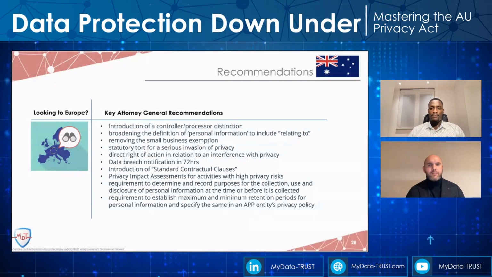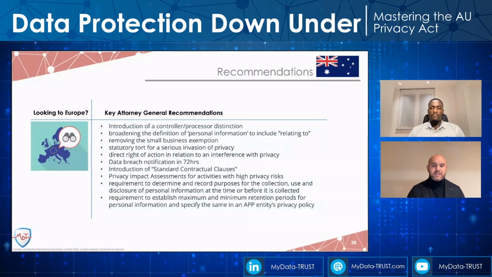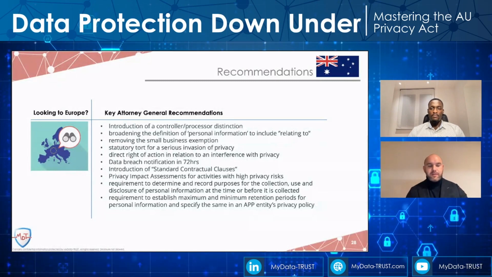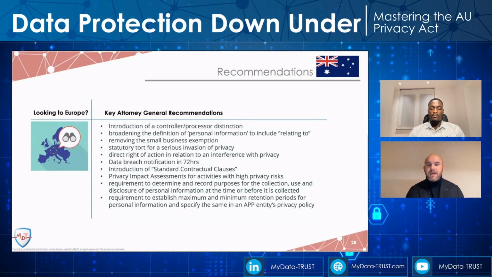A considerable one would be the removing of the small business exemption. However, this was only agreed with in principle because it's quite a significant change to impose on companies, which for the most part will not have any compliance because they're completely exempt.